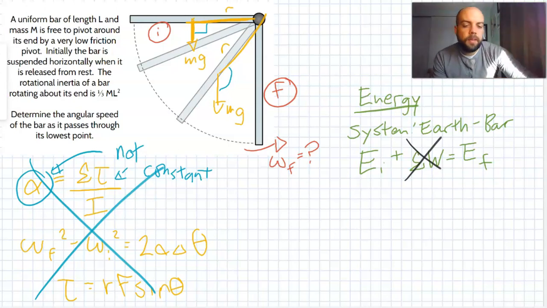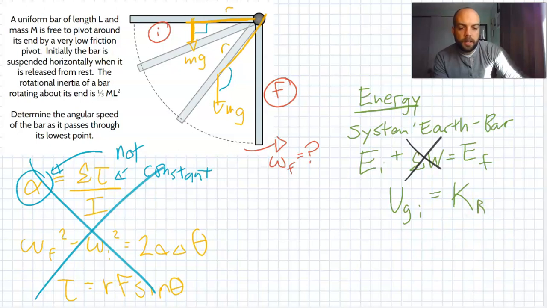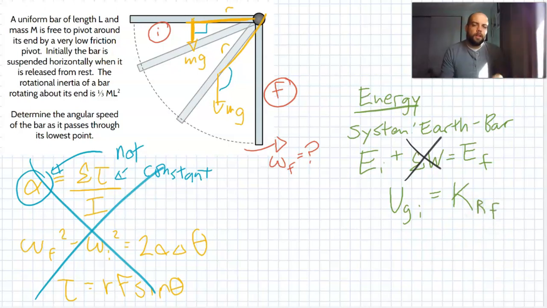And in the beginning, we have all this gravitational potential energy due to all that height. And then we're going to have kinetic energy at the end, and it is rotational kinetic energy. It's worth describing that that is rotational kinetic energy and not translational. Translational, if you take your pen again, would look like if the pivot was actually moving back and forth.